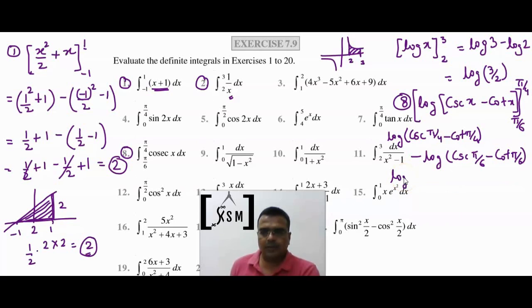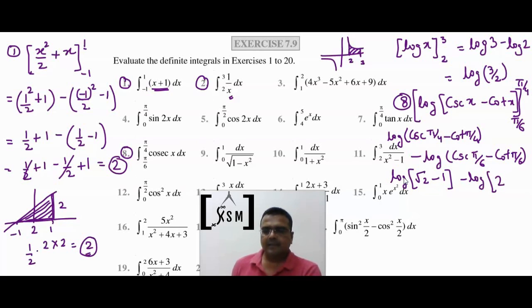Root 2 minus cot pi over 4 is 1, minus log cosec pi over 6 is, it is reciprocal of sine, right? So it is just 2. Sine value is 1 over 2.